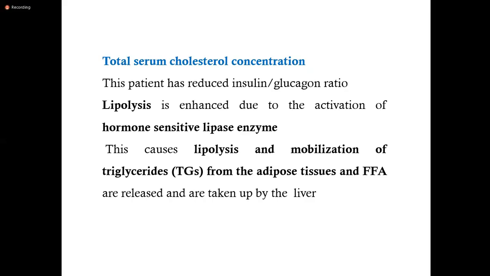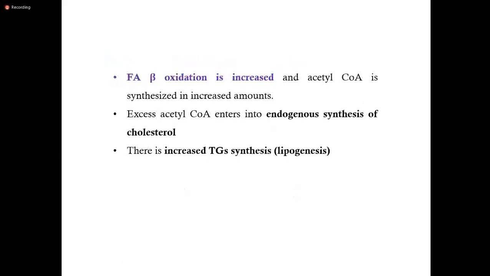There is mobilization of stored triglycerides at the adipose tissues, and release of free fatty acids and glycerol into blood, and then those are transported to the liver bound to albumin, and the liver takes up these fatty acids and glycerol.